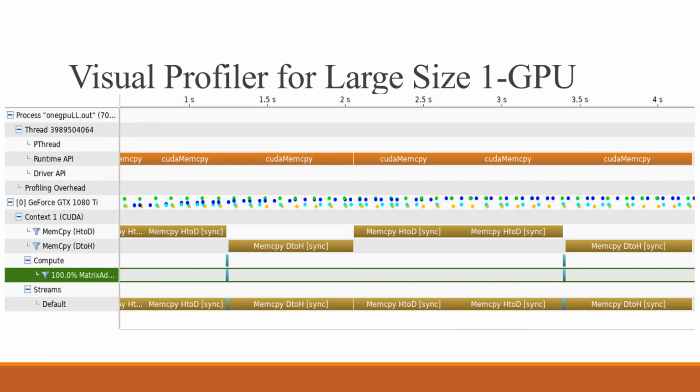Looking at this visual profiler, you will see the yellow boxes, which are the communication or data transfer between host and device, or CPU to GPU, and the blue boxes are the computation. For matrix addition, these blocks will give you the idea about the computation.